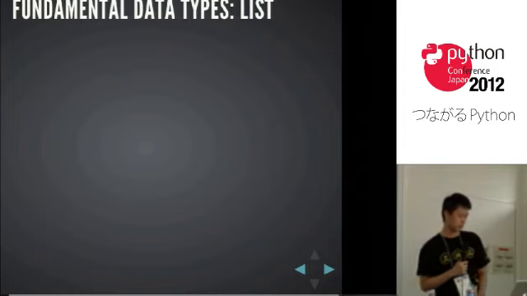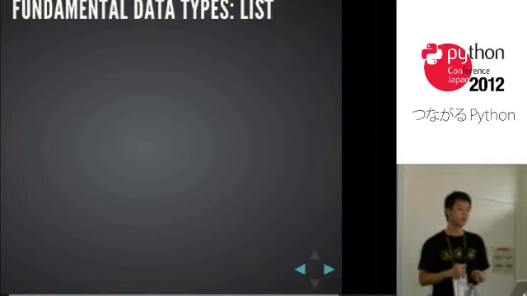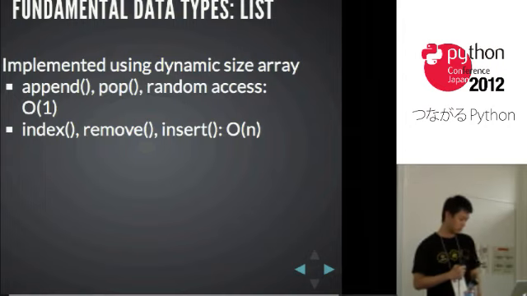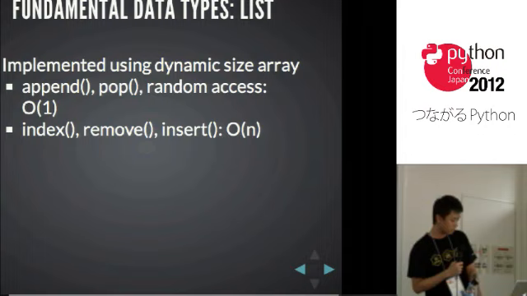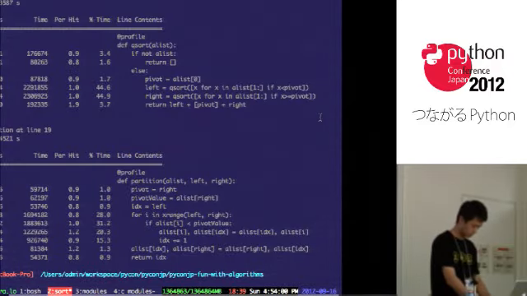In Python there are some fundamental data types that I use a lot, which are list, dictionary, string, and set. Those are the basic data types. For list, it's implemented using a dynamic size array. What does it mean? Let's look at the code. This is implemented in C, for speed.